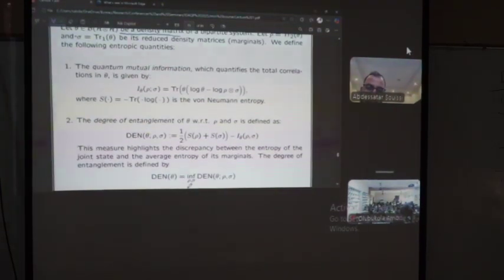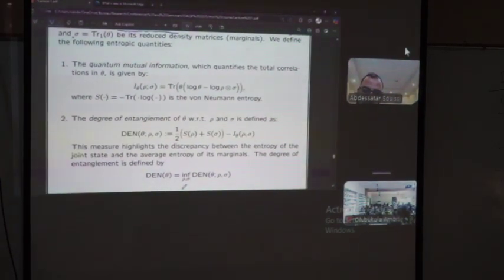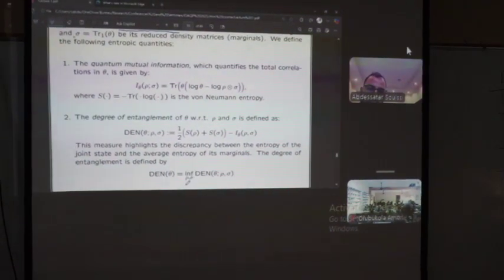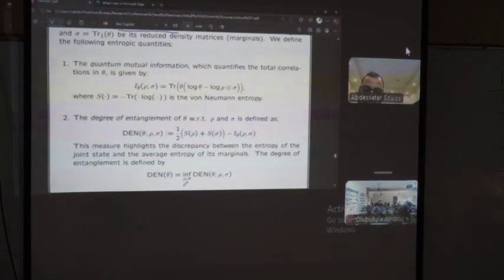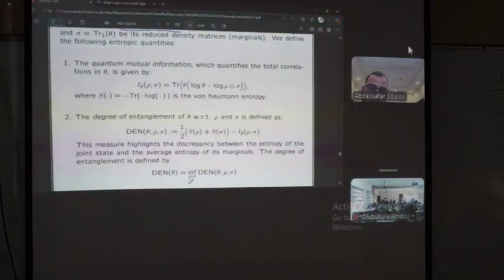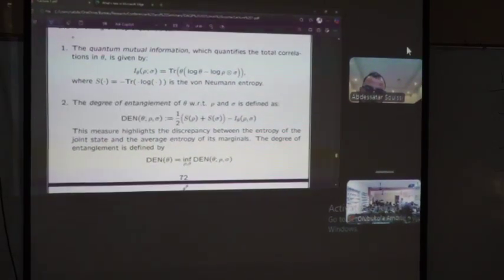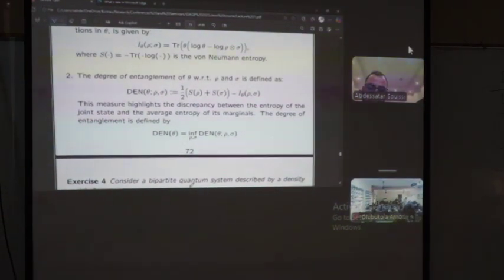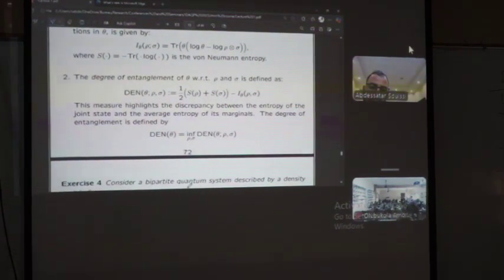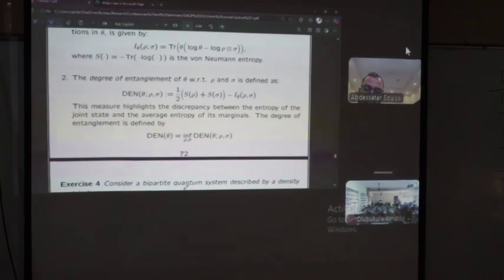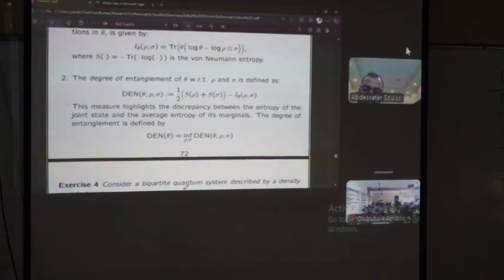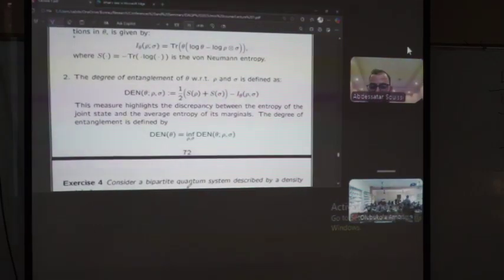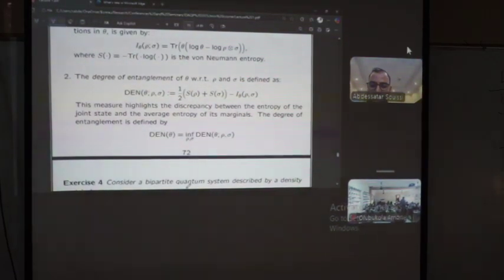Now we define the quantum entropy as before, on the restriction to the first system and to the second system, S of rho and S of sigma. Now we define the degree of entanglement as the difference of the entropies of rho and of sigma, minus the entropy of theta.